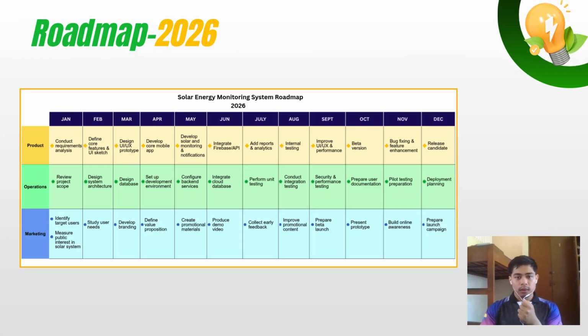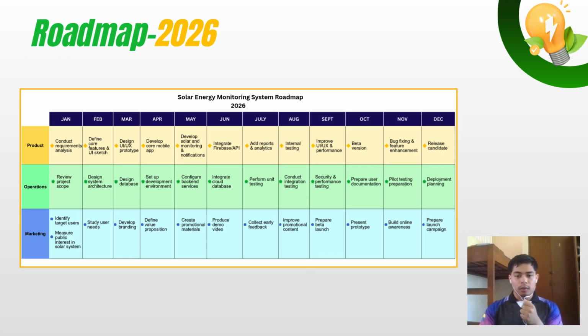For 2026, the roadmap focuses on planning, system development, and yearly promotion. From January to March, the project is in the planning and design phase, where the main system direction, user needs, interface design, and technical structure are prepared.